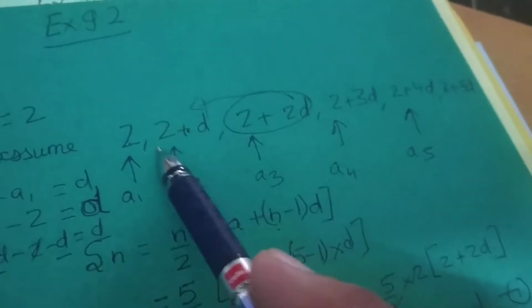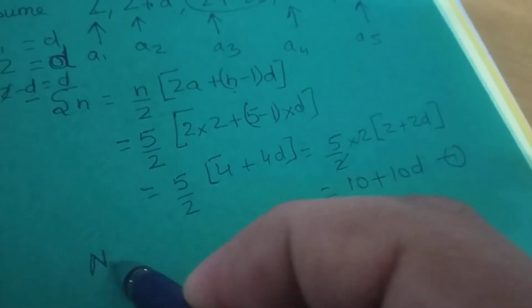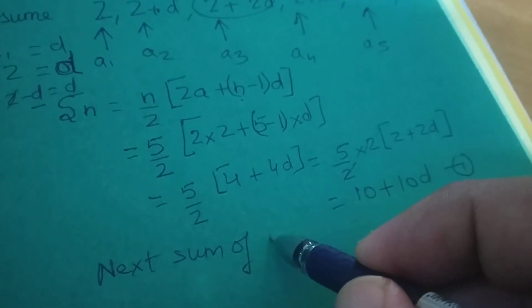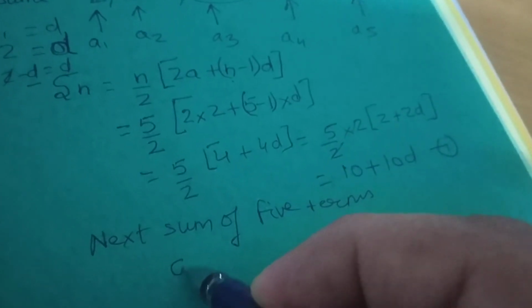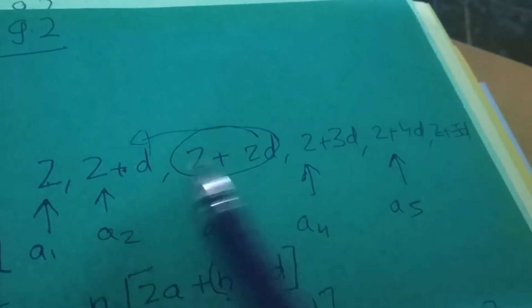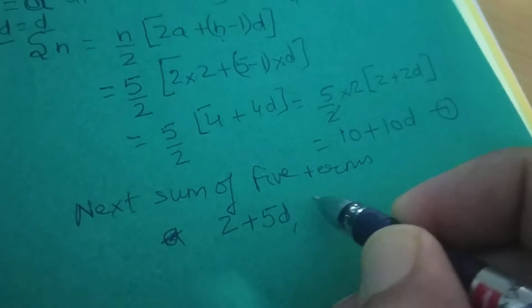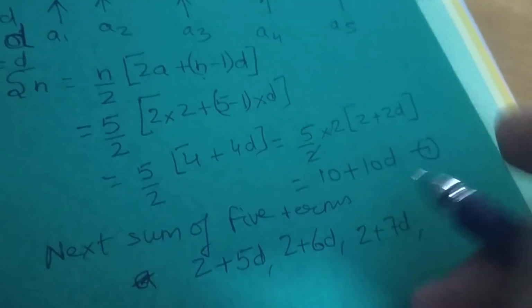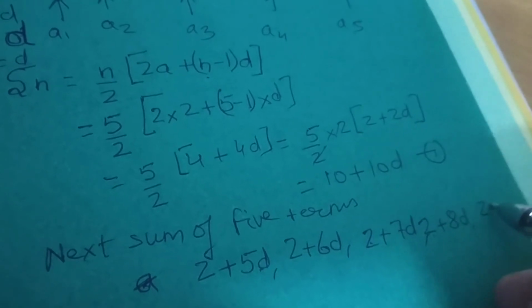The next series starts from 2 plus 5d, 2 plus 6d, 2 plus 7d, 2 plus 8d, and the fifth term will be 2 plus 9d.